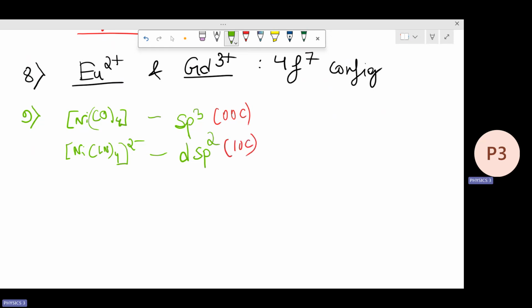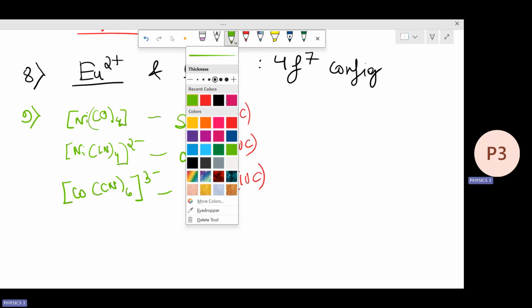Followed by the next, they have given us cobalt with cyanide, [Co(CN)6]3-. Again, cobalt is in +3 oxidation state. Being in +3 oxidation state, it will give an inner orbital complex due to pairing, and the configuration will become t2g6 with d2sp3. This is also an IOC.